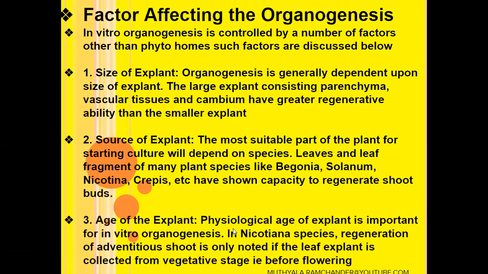Age of explant. Physiological age of the explant is important for in vitro organogenesis. In Nicotiana species, regeneration of adventitious shoots is only noted if the leaf explant is collected from the vegetative stage, that is before flowering.